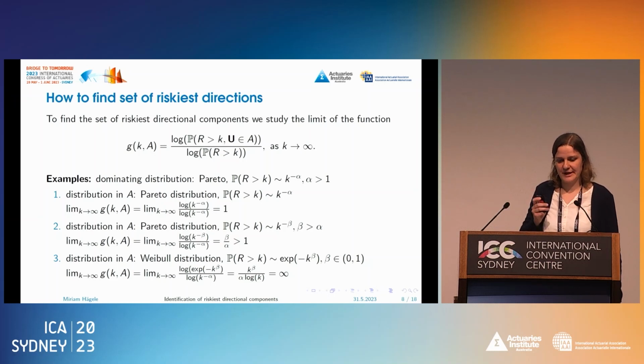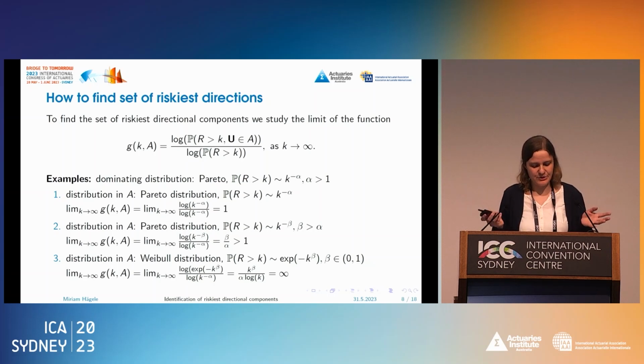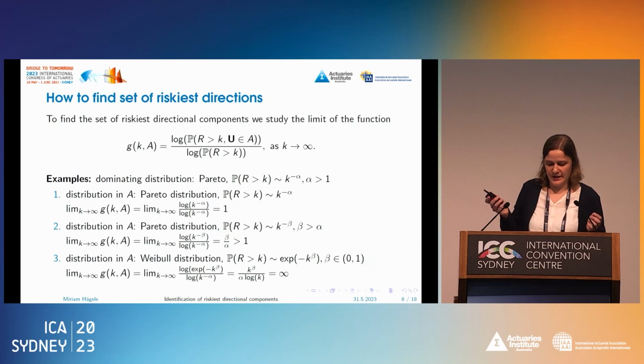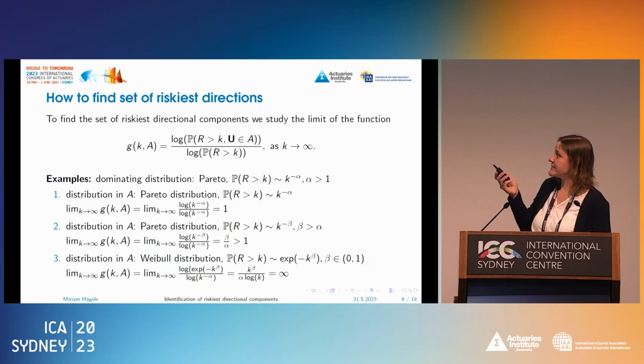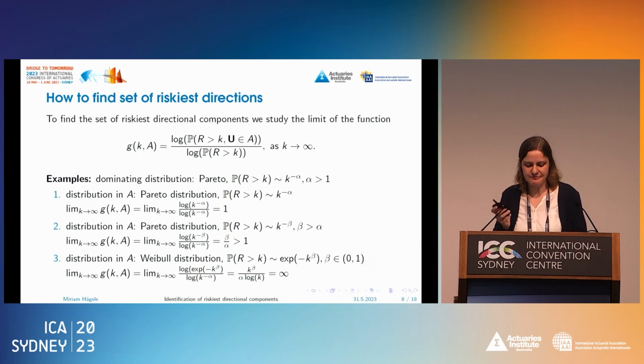So if we assume that we have in general some Pareto distribution with index alpha, where alpha is larger than 1, then the tail distribution is asymptotically the same as k to the power of minus alpha.